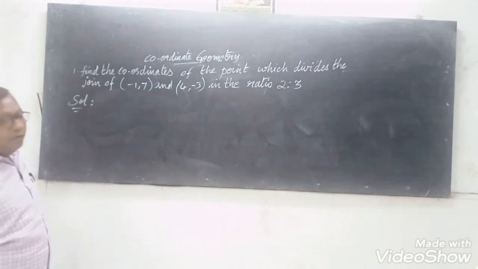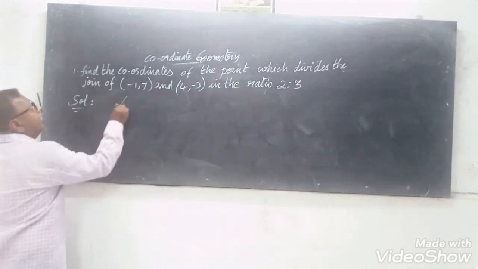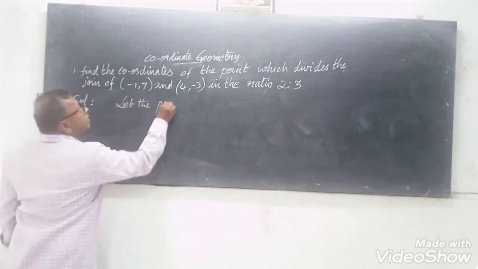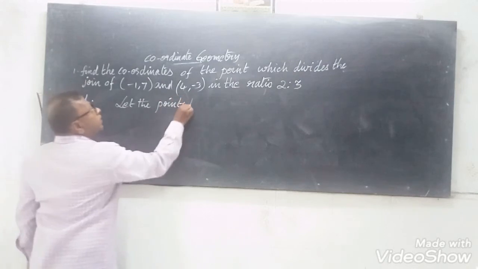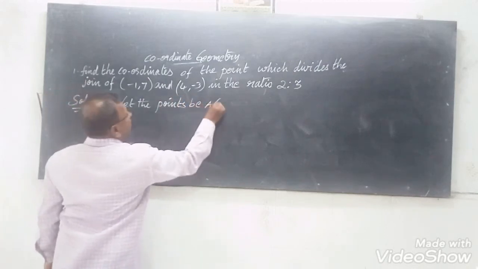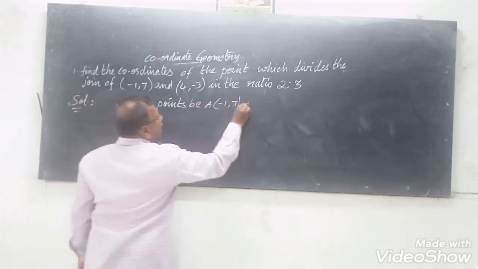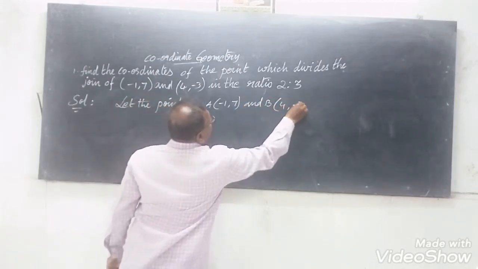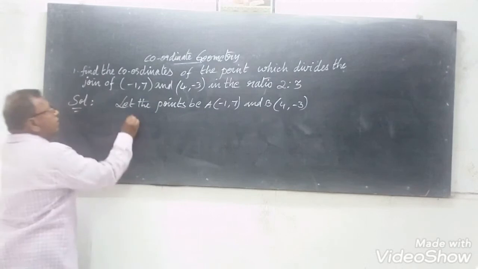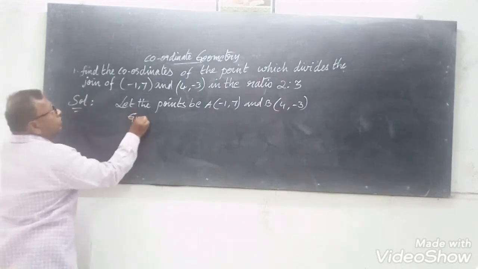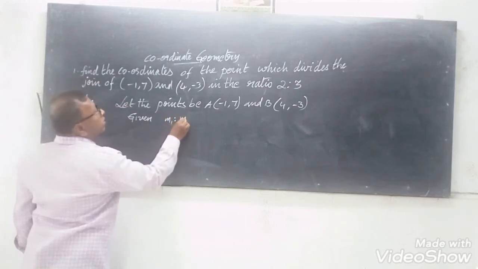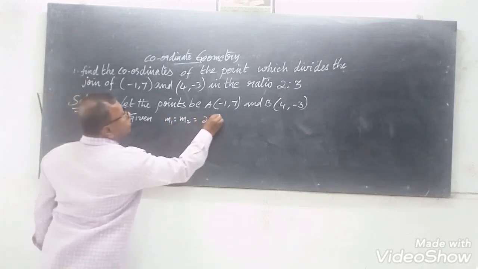Okay, see how we are going to proceed. Let the points be A(-1, 7) and B(4, -3). Then, the given ratio. What is the ratio given? m1 is to m2 is equal to 2 is to 3.